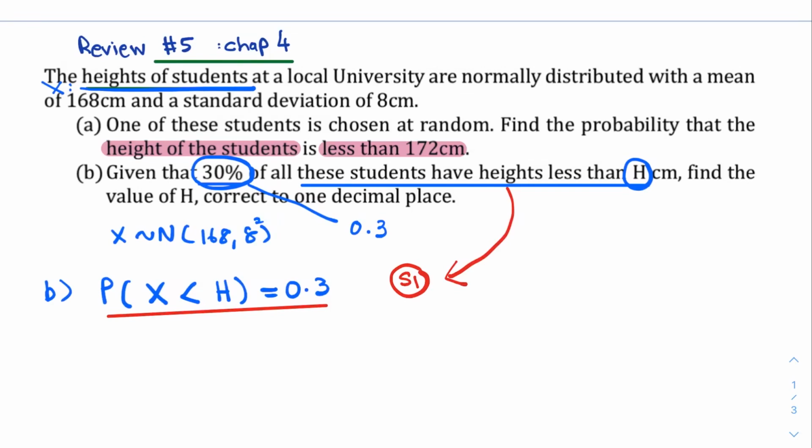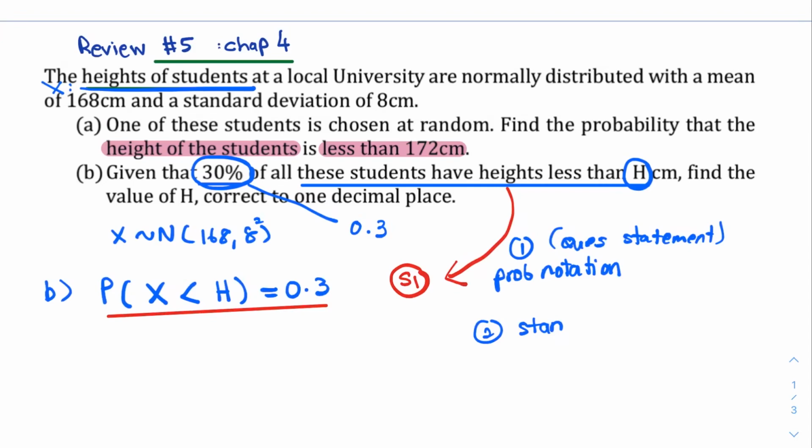Again, the step is the same thing. First, probability notation, and then all the question statement. Second thing is to standardize. Standardize is using the z-score.